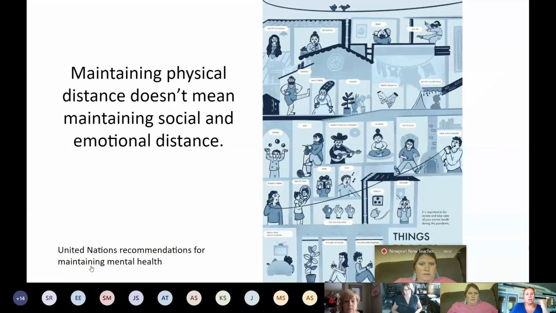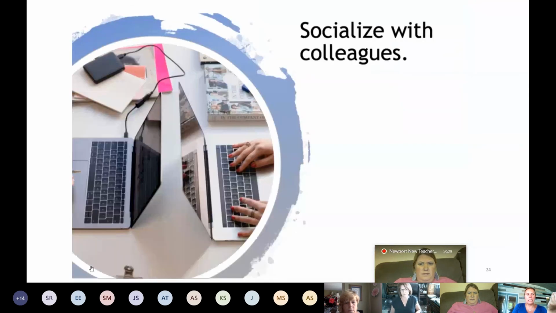And of course, just because we have to be 6 feet apart, just because we have to wear a mask or try to maintain that physical distance, does not mean we should not have that emotional closeness. So make sure that you are making time to socialize. Get to know the people in your building.